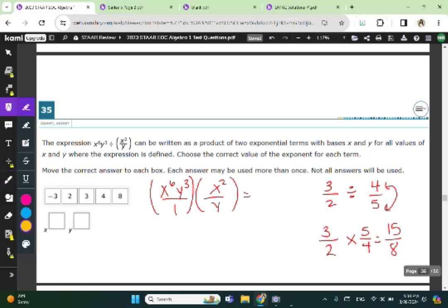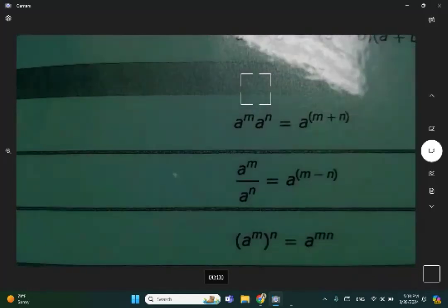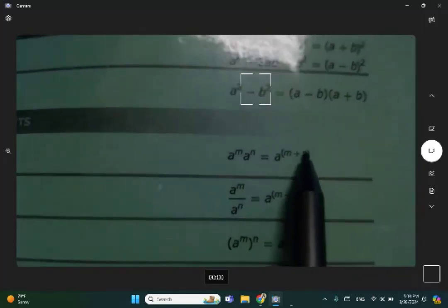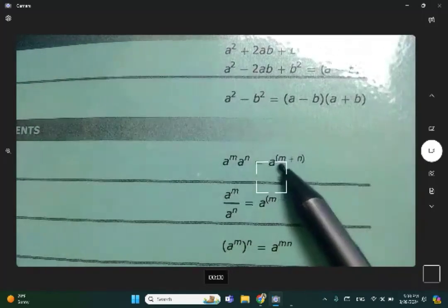When I'm multiplying 2 of the same power, according to the laws of exponents, you add the exponents right there. Okay.